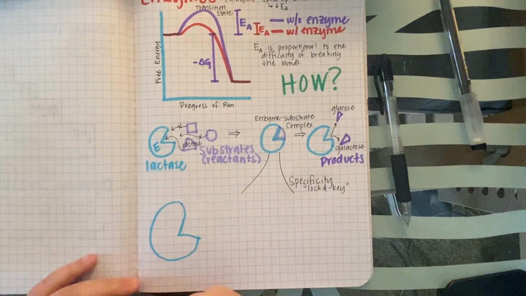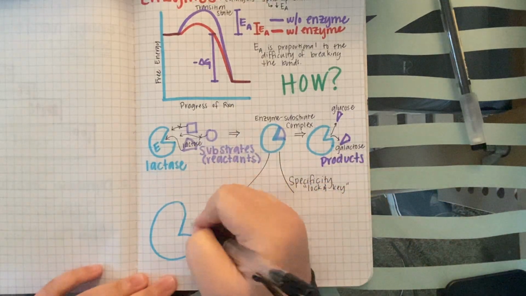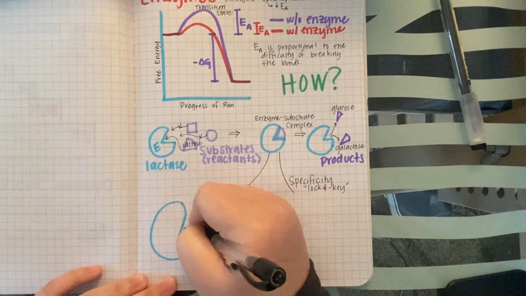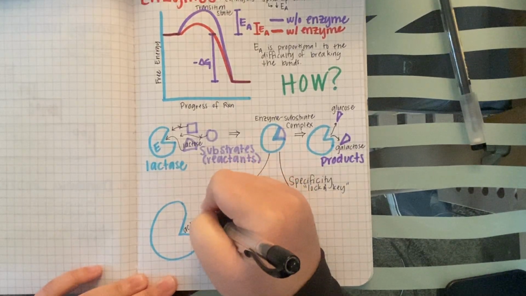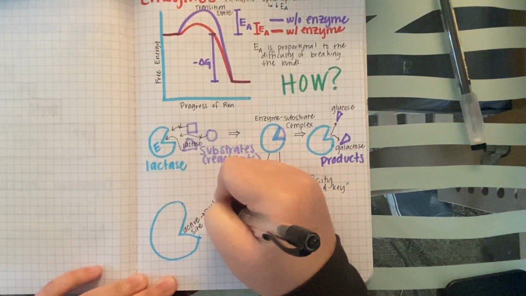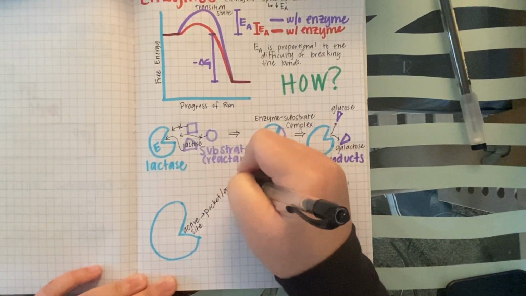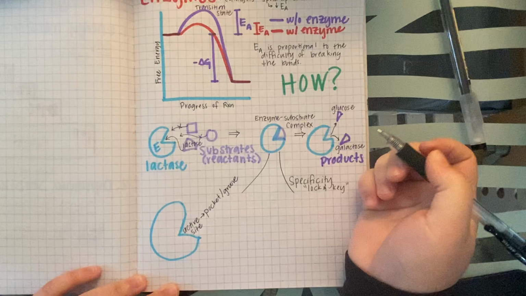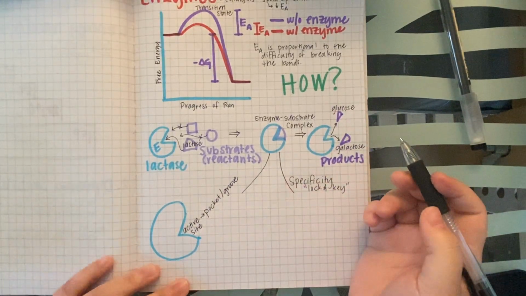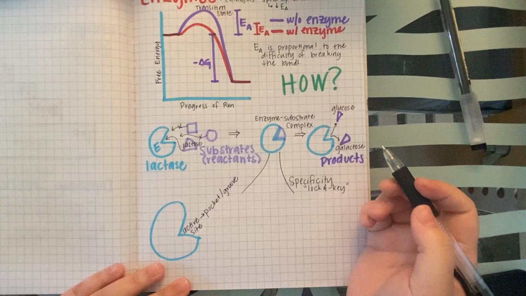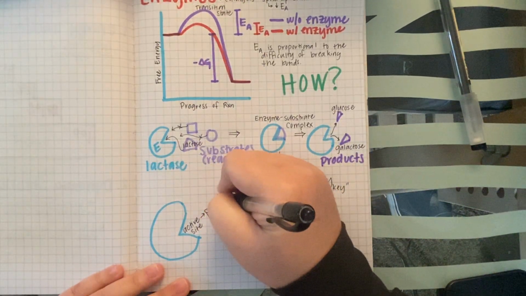Your acids and your bases are paired up. So there are really specific parts of our enzyme. This part is called the active site. And the active site is just a pocket or a groove where the substrate binds. And it's typically on the surface of your enzyme. You want it on the surface because then substrates in the environment can access it. So it's the pocket or groove where substrates bind.